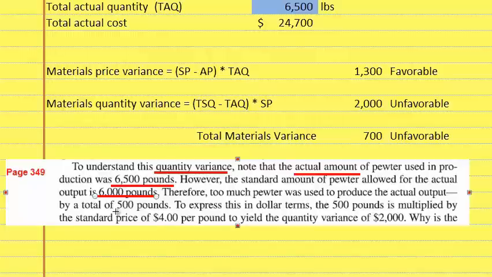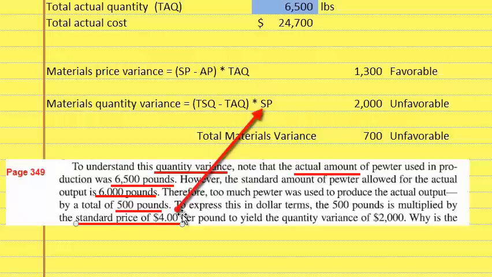So there's the excess usage right there, and we multiply that excess usage by the standard price of $4 per pound, and that gives us a quantity variance of $2,000, which of course is unfavorable because we used more than we should have. So 500 pounds at $4 a pound, $2,000.